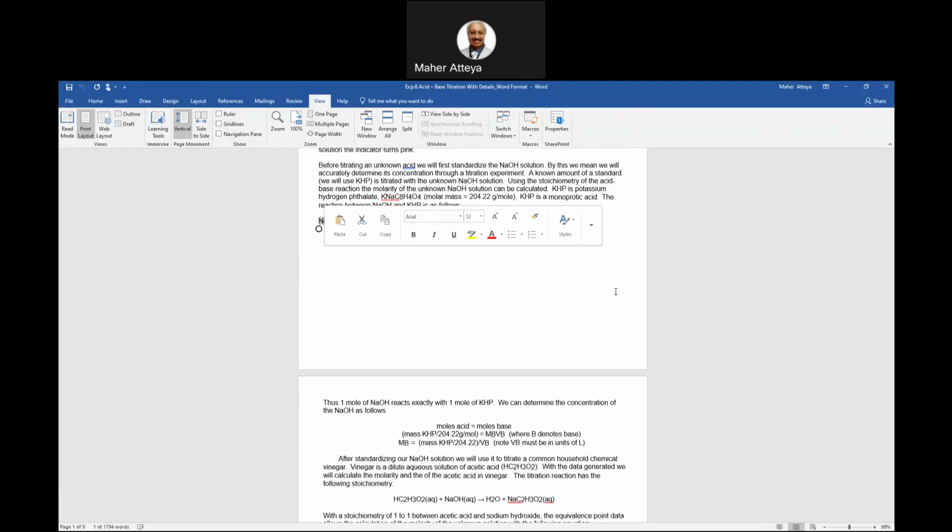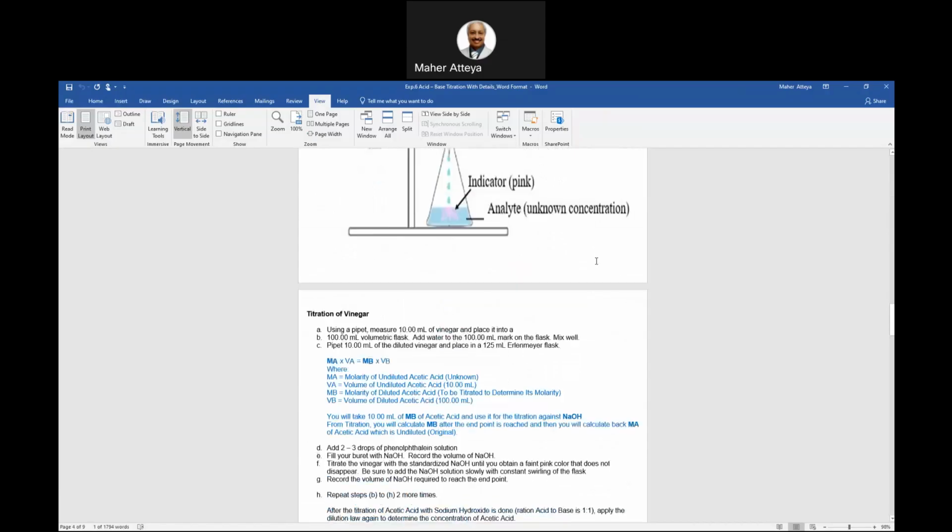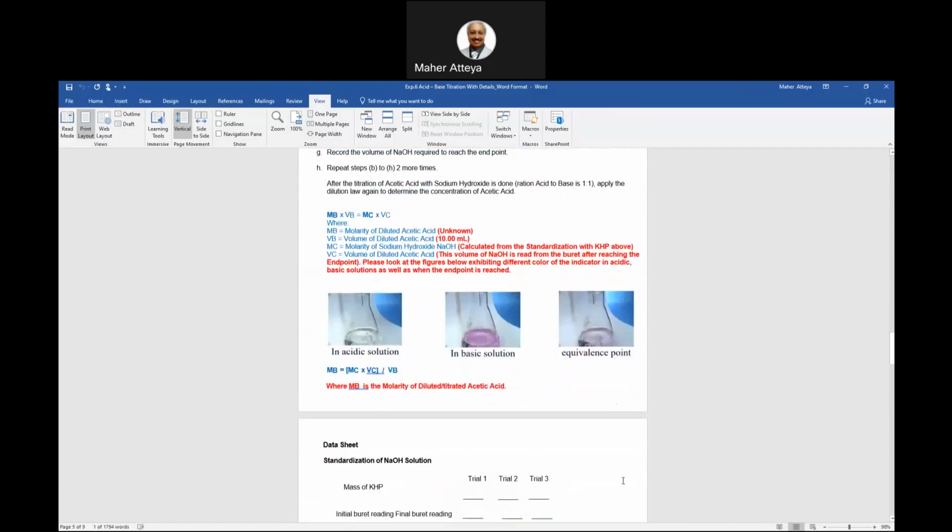And we'll be using our indicator here, which is phenolphthalein. Phenolphthalein is an indicator, an organic compound, that changes its color according to the medium it is in.